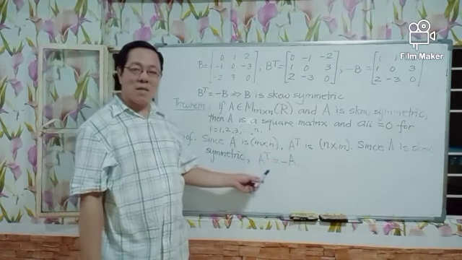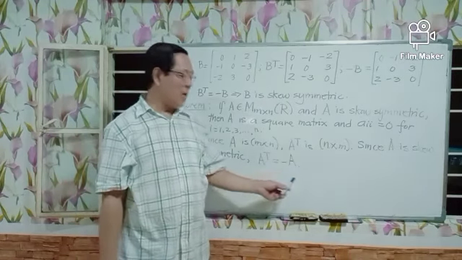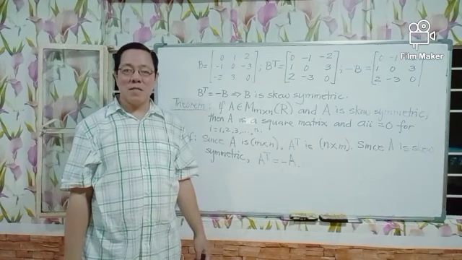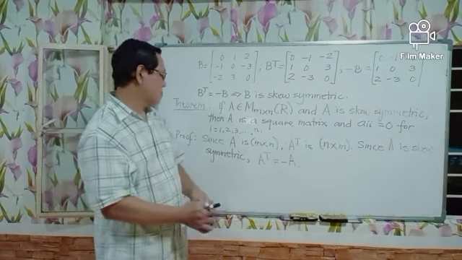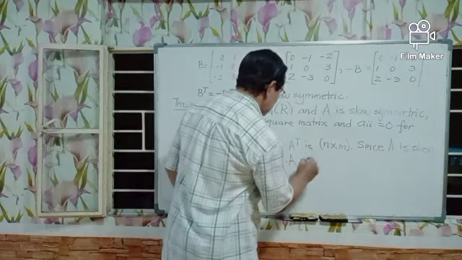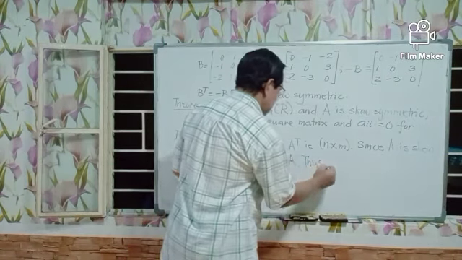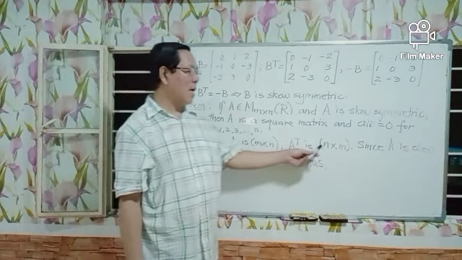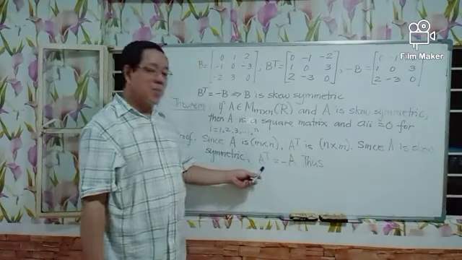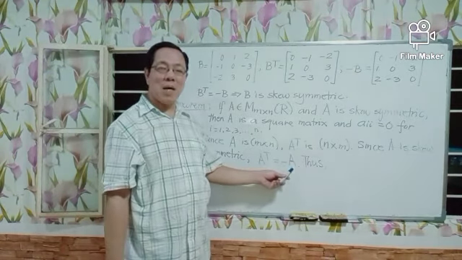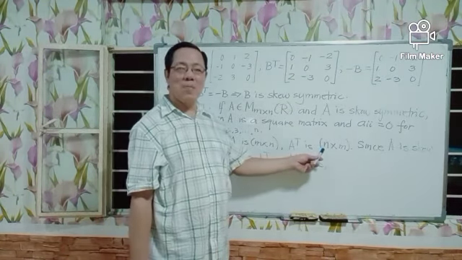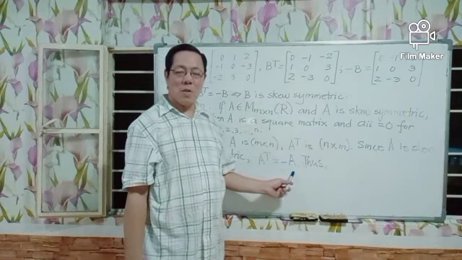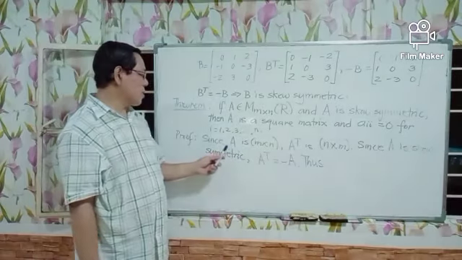If these two matrices, A transpose and negative of A, are equal, they must have the same number of rows and the same number of columns. And the number of rows of A transpose is n. If A transpose is equal to the negative of A, then the number of rows of A transpose should be equal to the number of rows of negative A, which is equal to m.